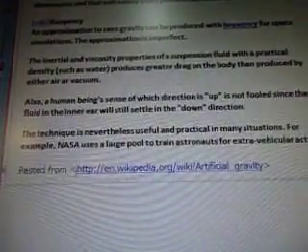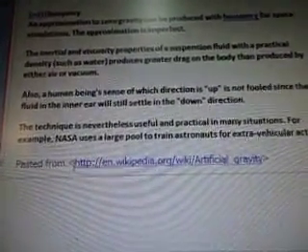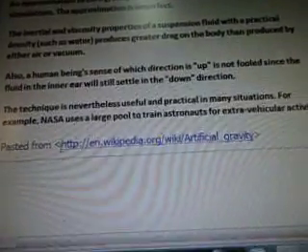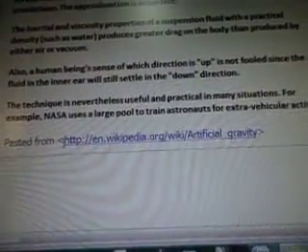Also, a human being's sense of which direction is up is not fooled, since the fluid in the inner ear will settle in the down direction. The technique is nevertheless useful and practical in many situations. For example, NASA uses a large pool to train astronauts for extra-vehicular activity.